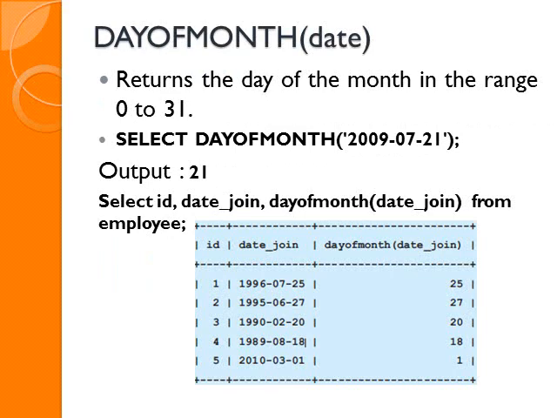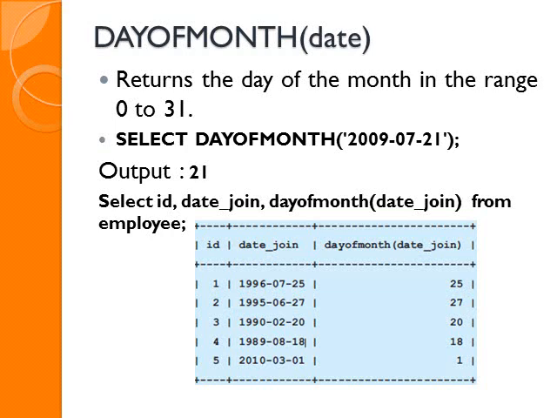DAYOFMONTH. It takes a date as an input and returns the day of the month in the range 0 to 31. For example, SELECT DAYOFMONTH within brackets 21st July 2009 is given as the date and the output is 21, which is the day of that particular month.